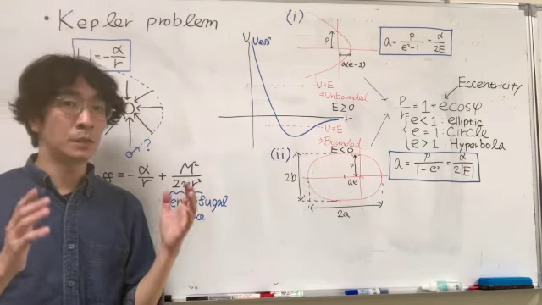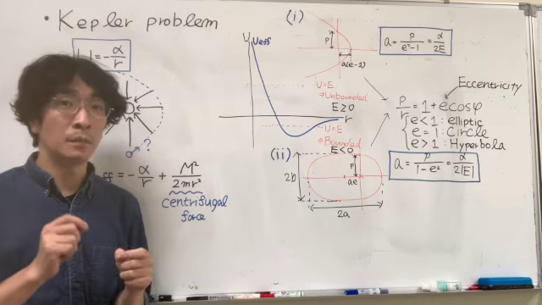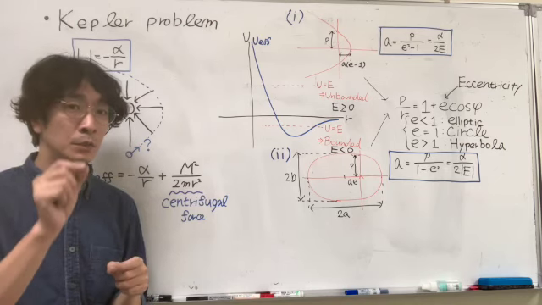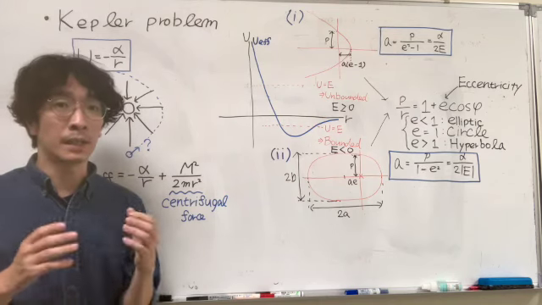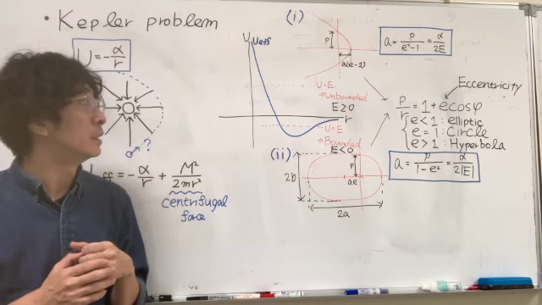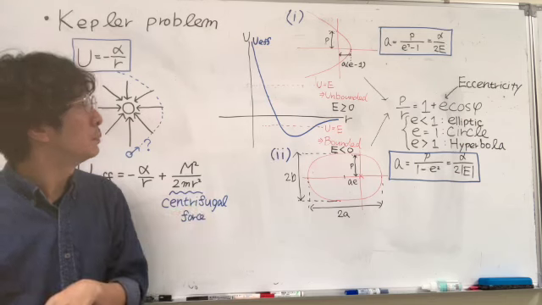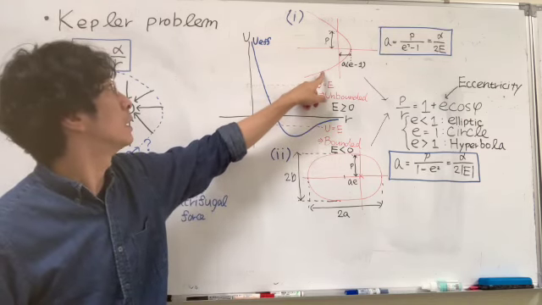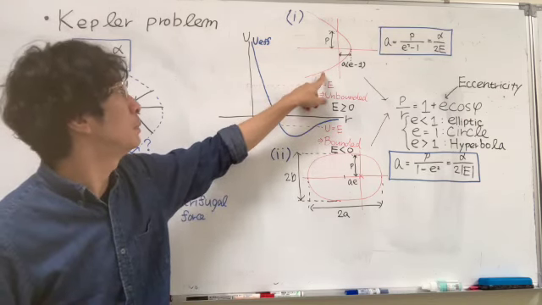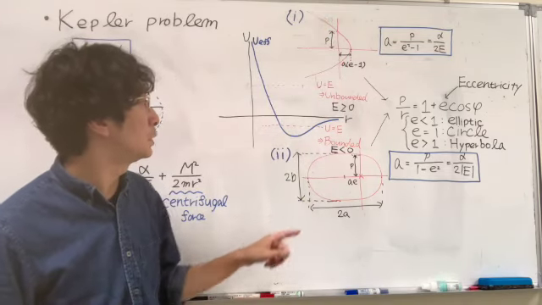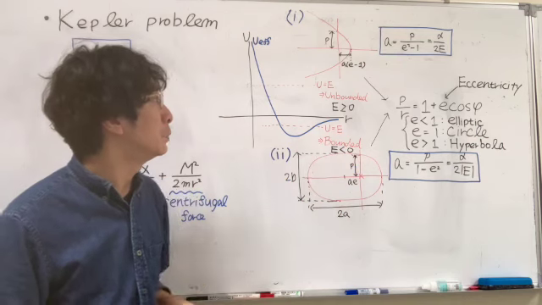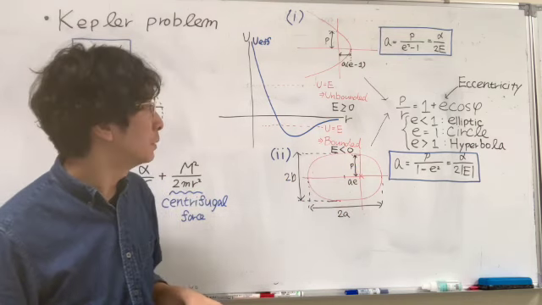The bounded solution is a kind of oscillation, so we can observe a closed loop shape. When we solve this equation, we can categorize the trajectory into several types. For unbounded solutions, the trajectory should be a hyperbola shape like this. In the case of the bounded solution, the trajectory should be an elliptic curve.